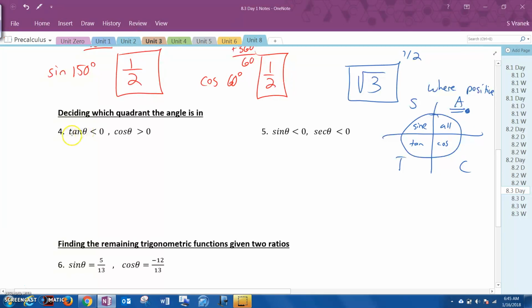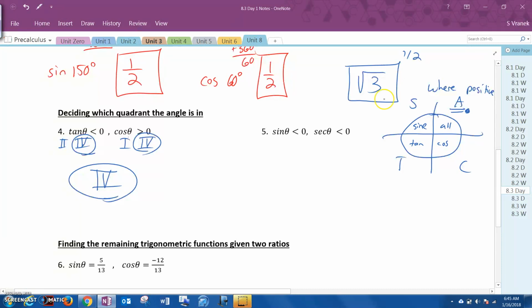So let's look over here. I'm asking where is the tangent less than 0? So the tangent is negative. Well, it's not in 1 and it's not in 3, so it's in 2 and 4. Where is the cosine positive? Well, clearly 1, and cosine is also positive in 4. So the angle has to be in quadrant 4 because it has to work with both of them. That's how you do it.